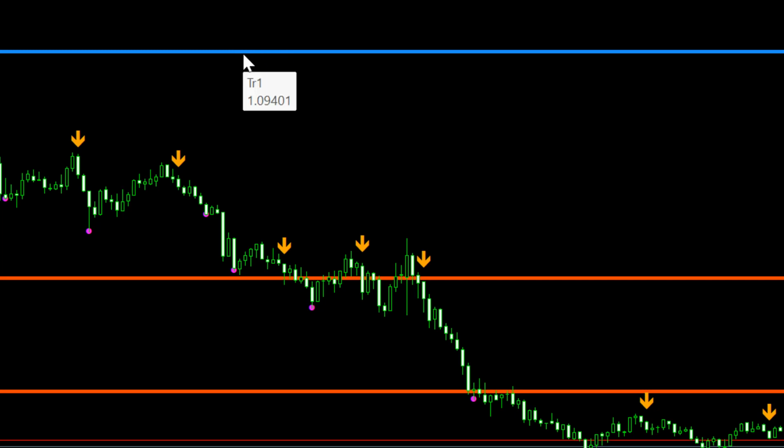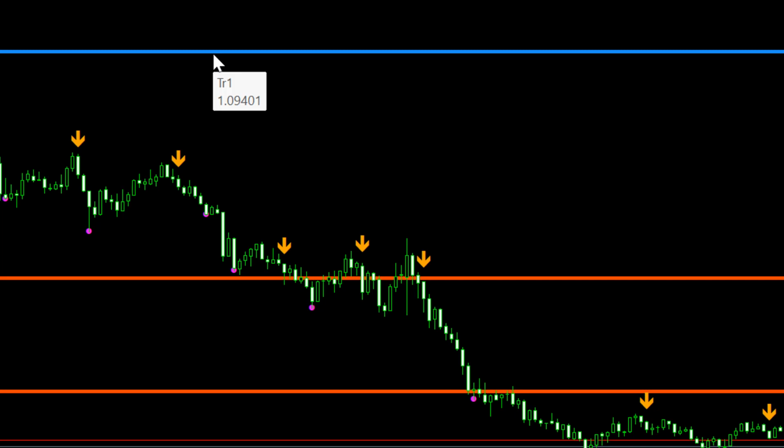So I consider this as a support and resistance level. So when the market price pulls back to the blue line, let's say we are looking for a sell position, you wait for the market price to pull back to this level.